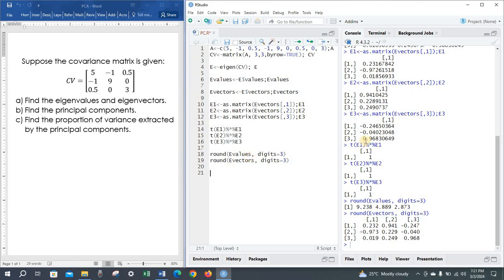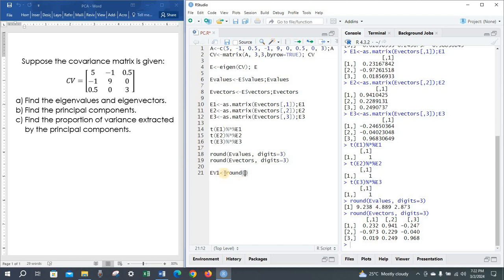You can round the extracted eigenvectors, eigenvectors 1, 2, and 3.